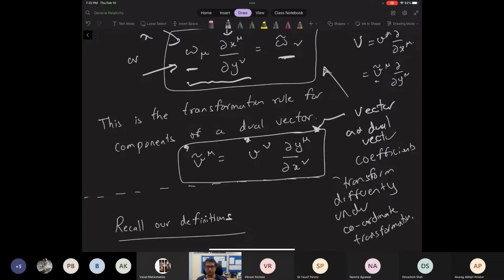I'll pause here for questions. We'll do some examples later to make this clear, but we'll first finish our definitions of manifolds, and then we'll start doing some examples.